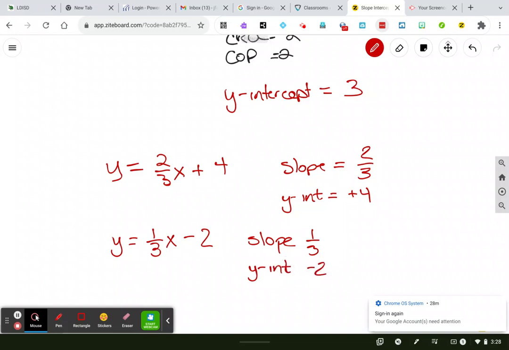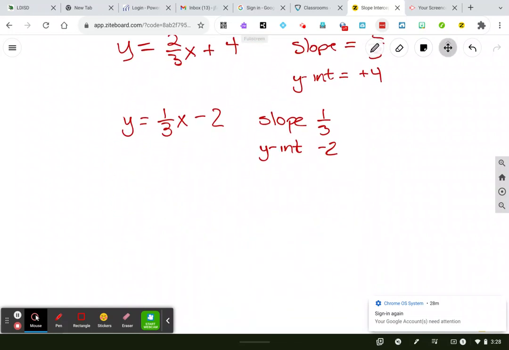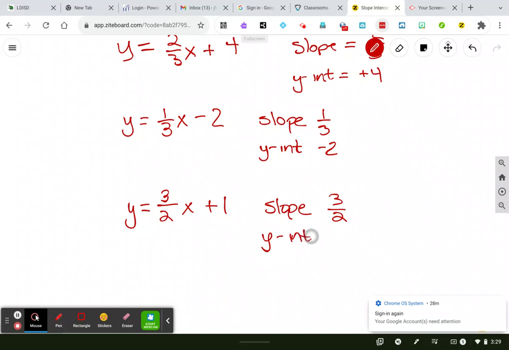That means if I were to plug in numbers and graph that, that would end up going through the negative part of the y-axis. A lot of students don't like to see the fractions where the bigger number is on top, but when you're working with slope, it's super simple. The slope is still 3 over 2. The y-intercept is 1, positive 1.